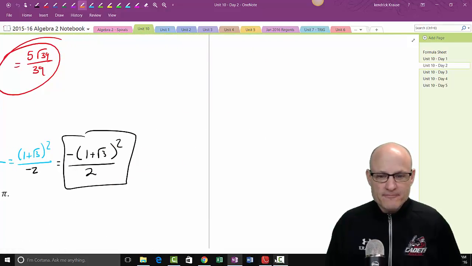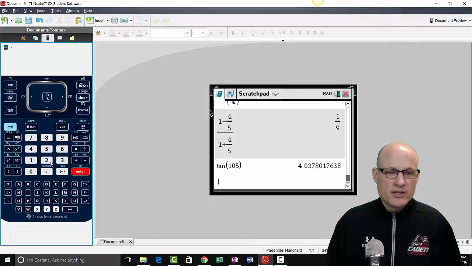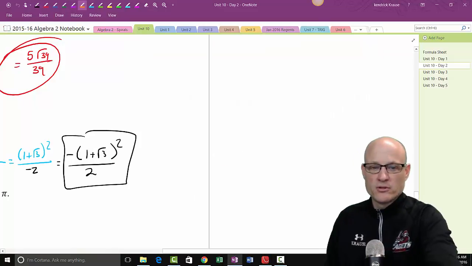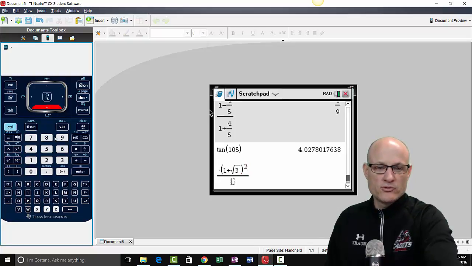So let's see if it's right. Parentheses, 1 plus the square root of 3, and that whole thing was squared, wasn't it? Squared all over 2.